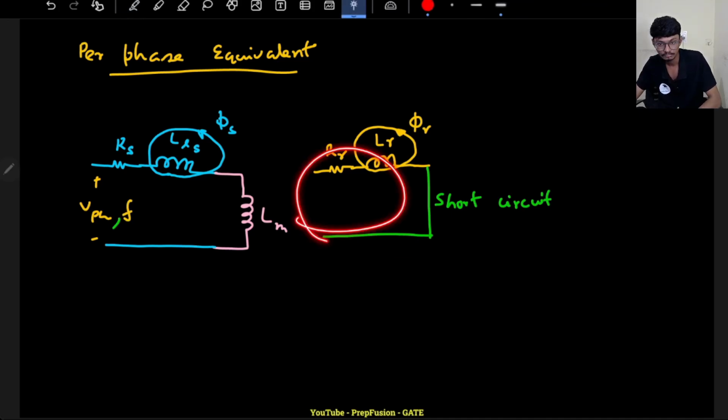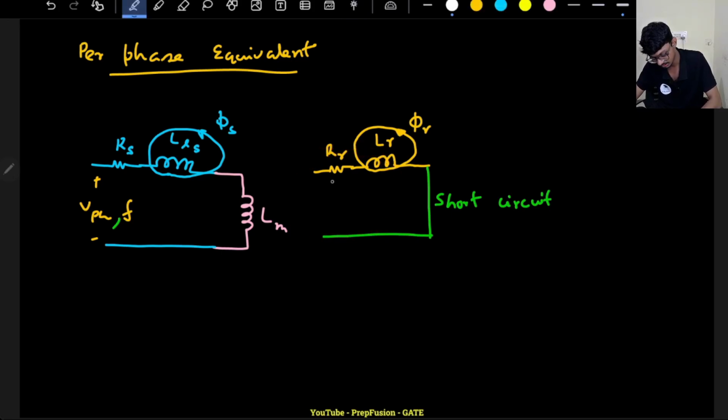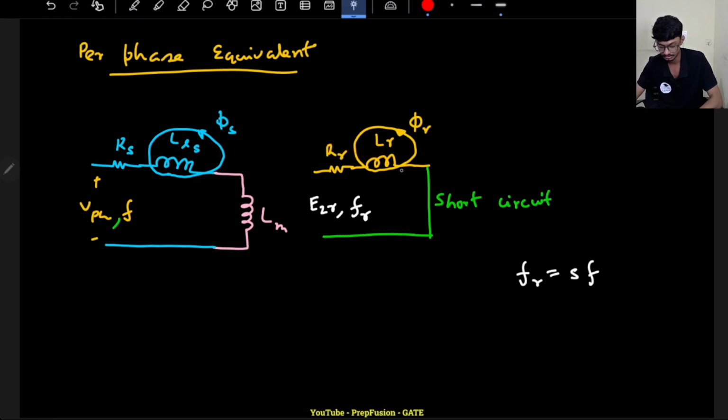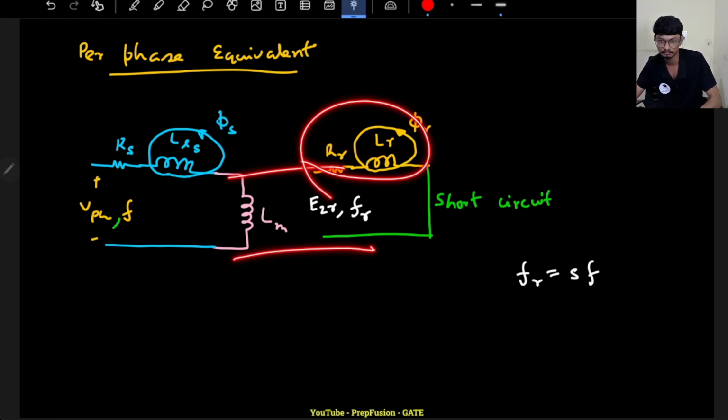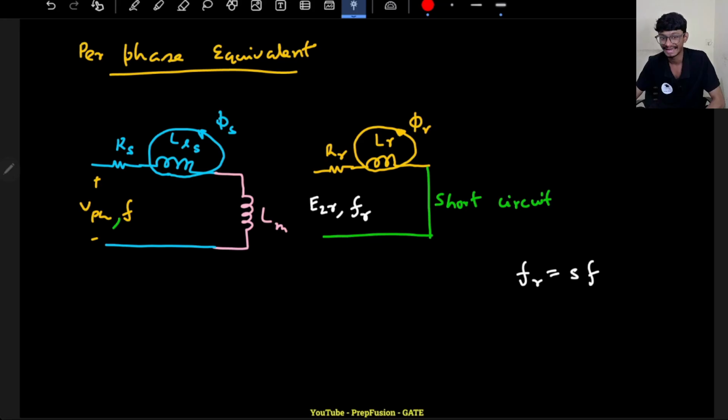What is the frequency here? The frequency here is the secondary rotor induced EMF frequency, Fr, the rotor frequency. What is Fr? Fr, the rotor induced EMF frequency, is S into Fs, or S into F basically. So they are not simply the same. So I cannot bring this to the left, connect these two together and refer it to the stator side as we used to do in the transformer. Is there any solution for that? The solution is there, which I will discuss.